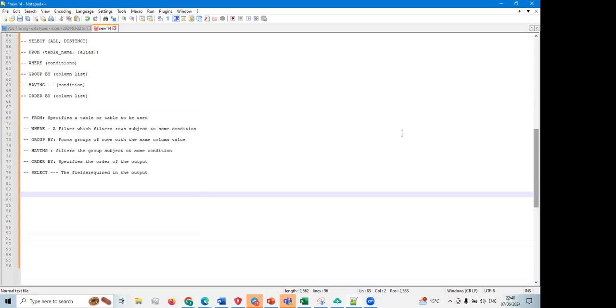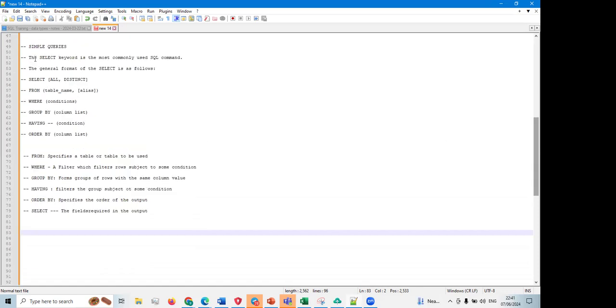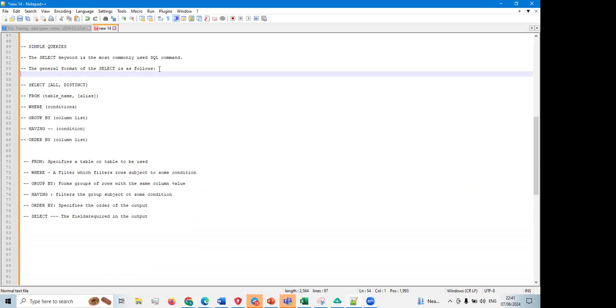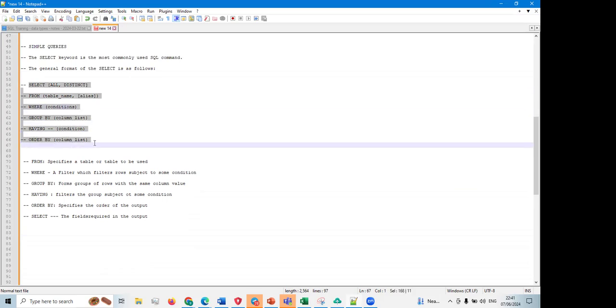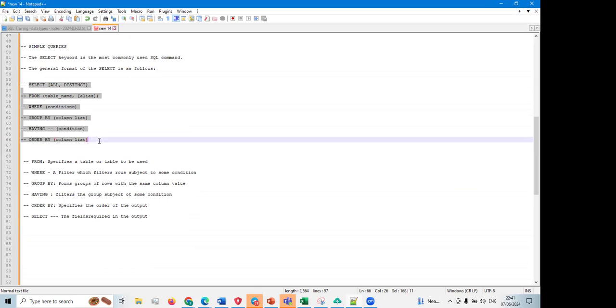So this general order here cannot be changed. It has to follow this order: select, from, where, group by, having, order by. But it is not every time that you would use all of these.